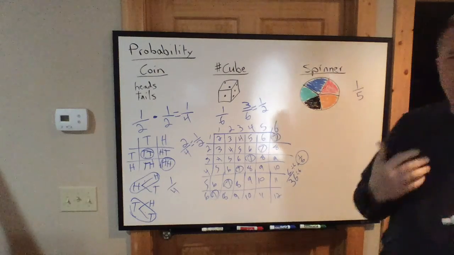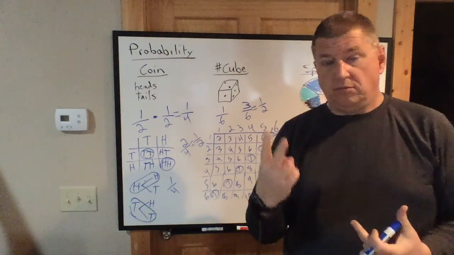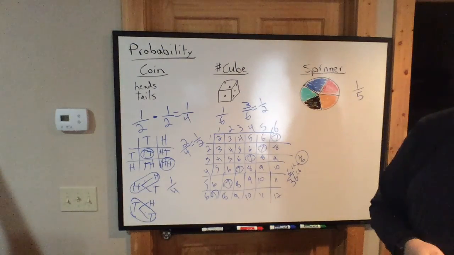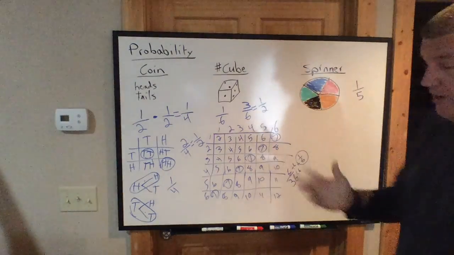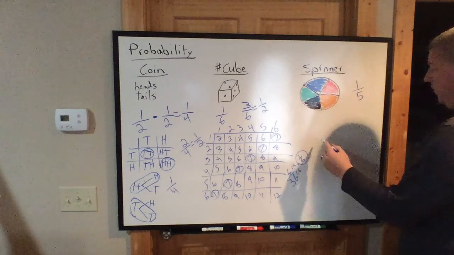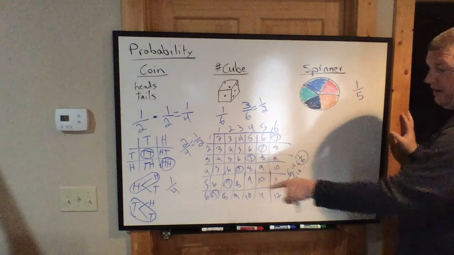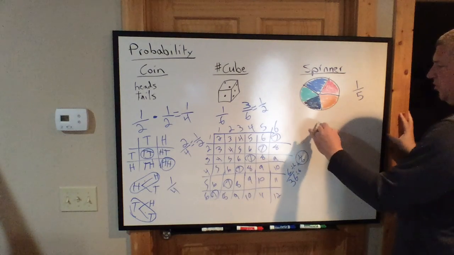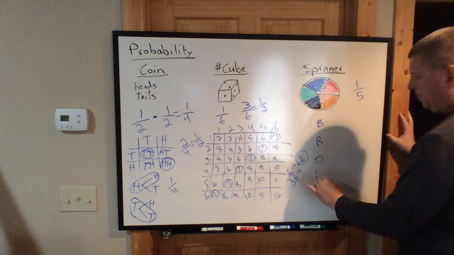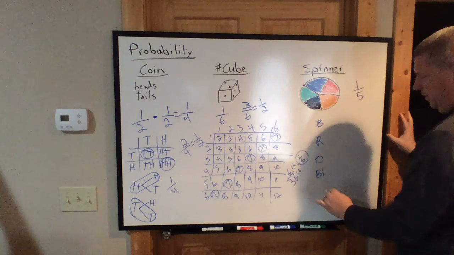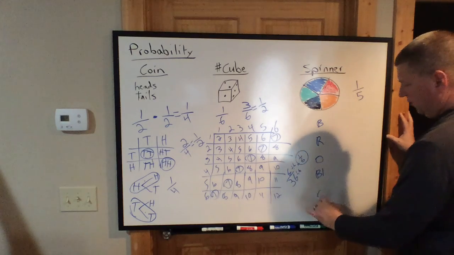So what if I spin the spinner 2 times? What's the probability that I'm going to end up with green and then blue? Again, it would be really simple. We did the table there, so I'm going to use the tree diagram here. So we're going to use blue, red, orange, black. I'll put BL for black and G for green.